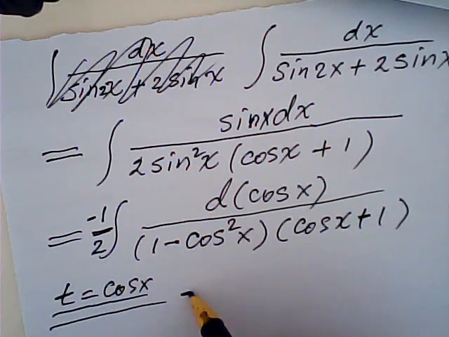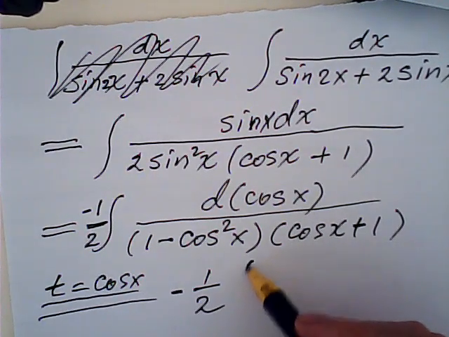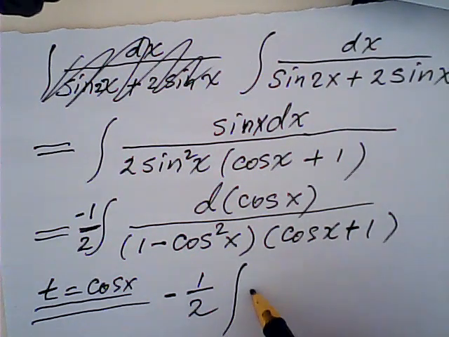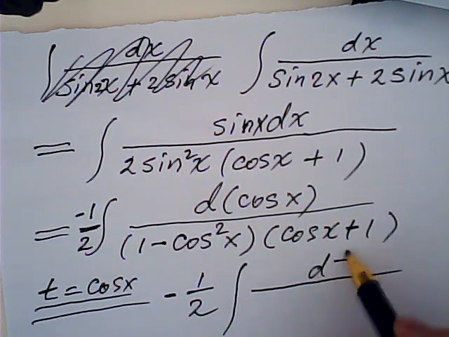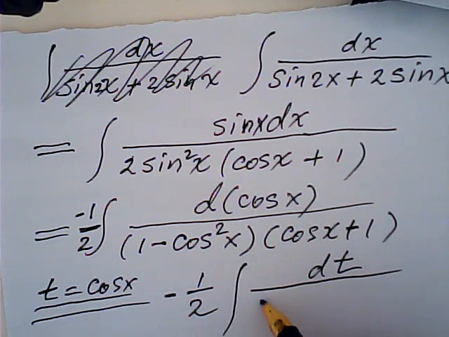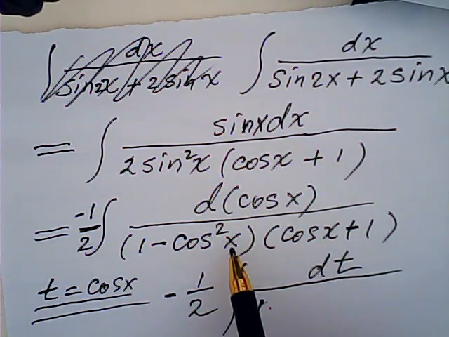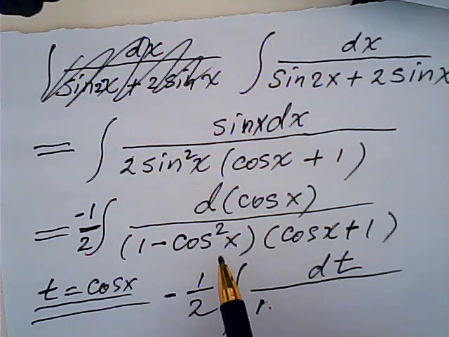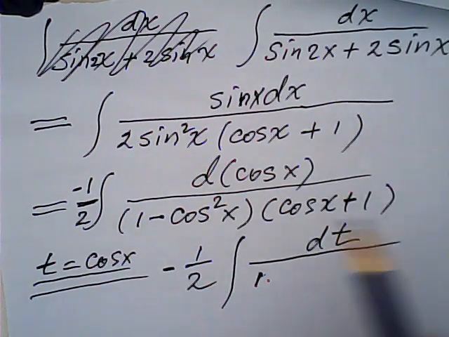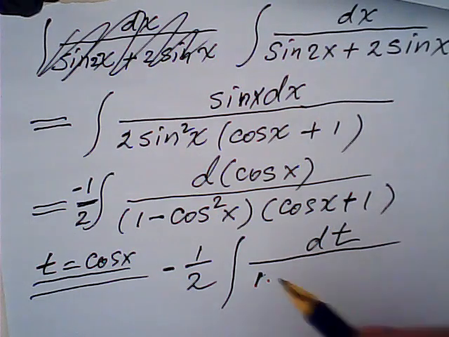This is equal to 1 over 2 integral dt, 1 minus t squared. 1 minus t squared is 1 plus t, 1 minus t, right? And it's 1 plus t.